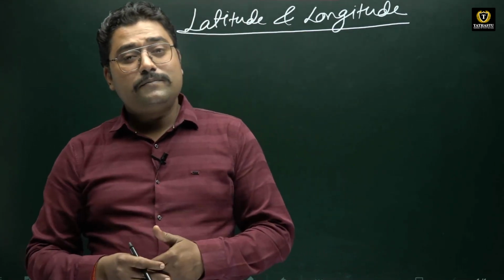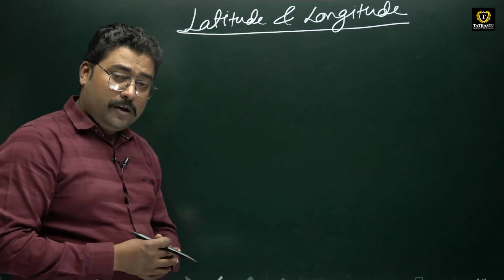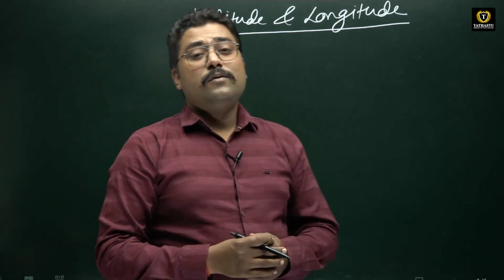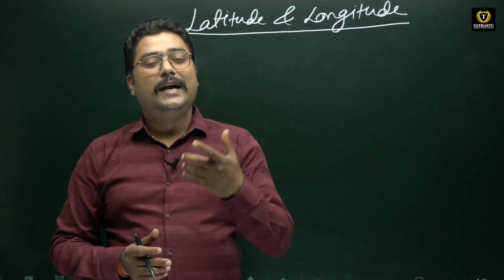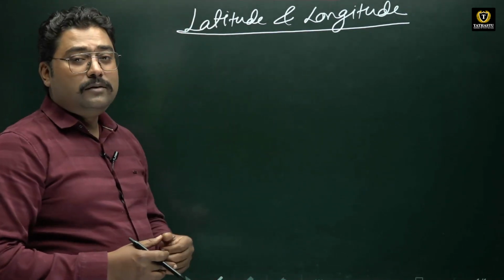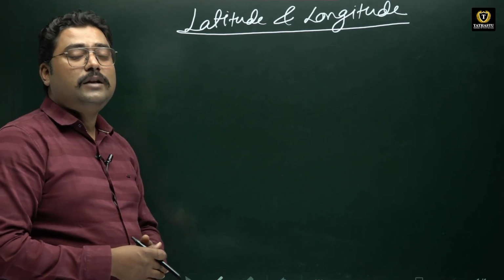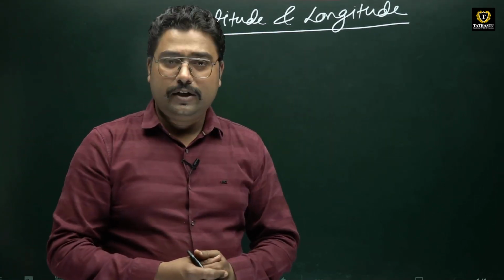Now the question comes, who made these latitudes and longitudes? The person who made them was Eratosthenes, who is also known as father of geography, as you all know. We will deal with them one by one. First we are going to see the latitudes and their importance, then after we will move on to the longitudes.